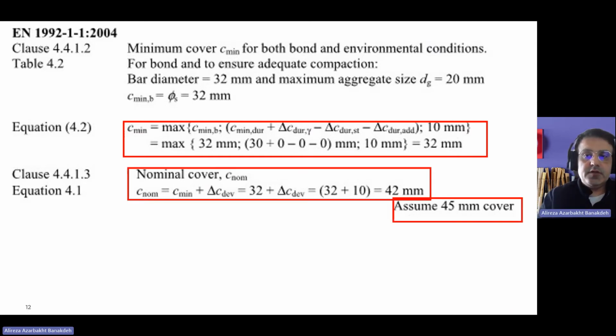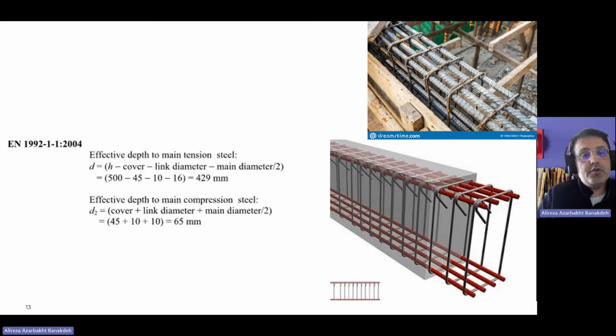And afterwards, you know the rest of the discussions. We did it last week, if you remember. This is the nominal cover you need, which means from the top of the concrete to the first molecule of the steel, or from the bottom of the concrete section to the first molecule of your steel.